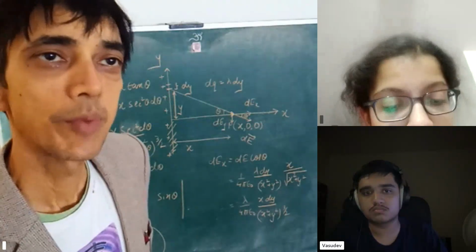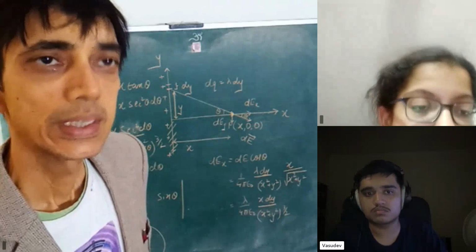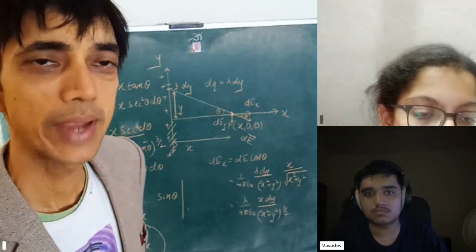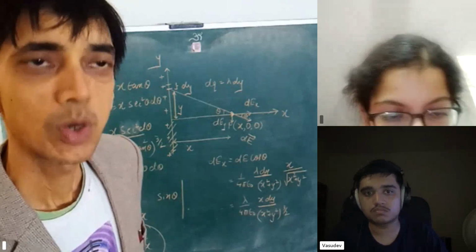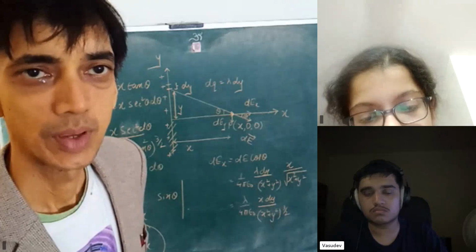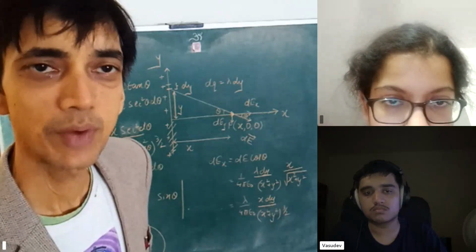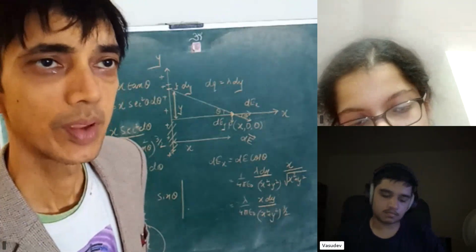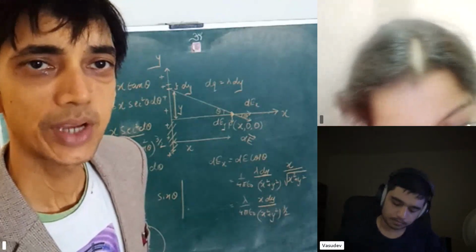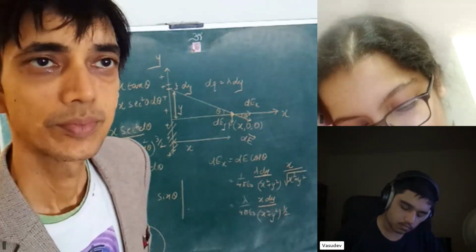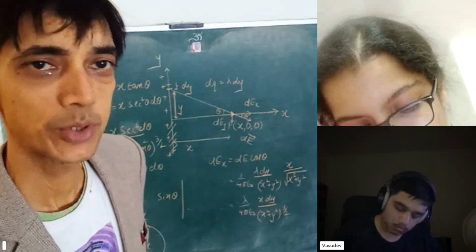Okay. Now before we go for the other configuration, it is important for us to throw some light on potential. What is potential? The other physical quantity. What do we mean by potential? For that, let us take a charge capital Q fixed to the frame shown in the figure.